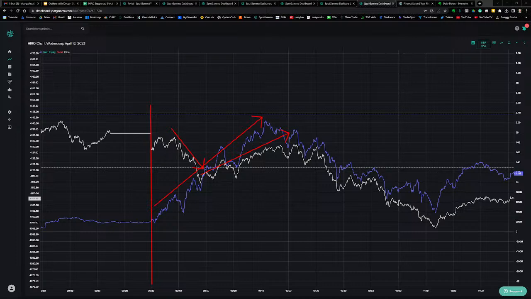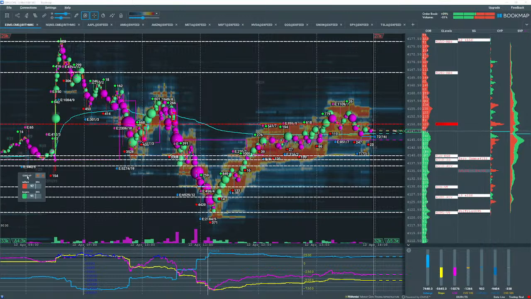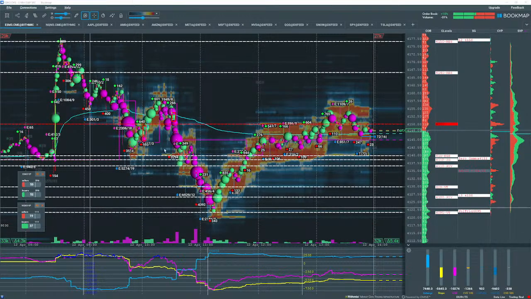So we're looking at around 945, and I'm going to bring these over. This is the market pulse with volume pressure, and I've muted it so it doesn't make a noise, but it's showing volume pressure.